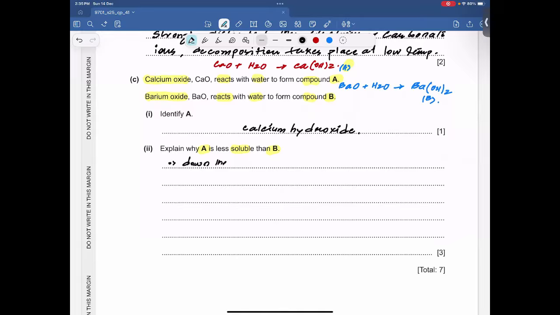So down the group, ionic radius increases and charge density decreases.